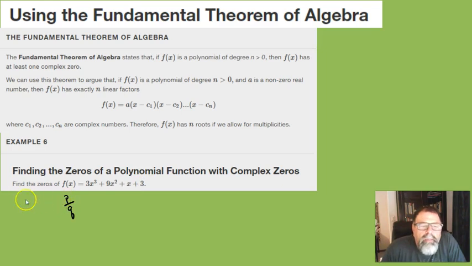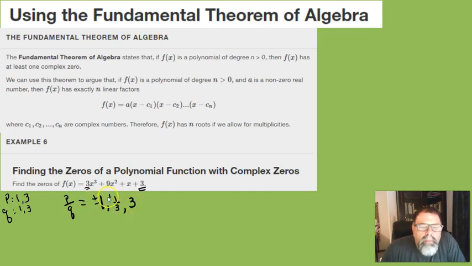So p could be factors of 3, so 1 and 3. Q can be factors of 3 as well, so 1 and 3. So p over q would be 1 over 1, which is 1, 1 over 3, 3 over 1, and 3 over 3, which is 1.